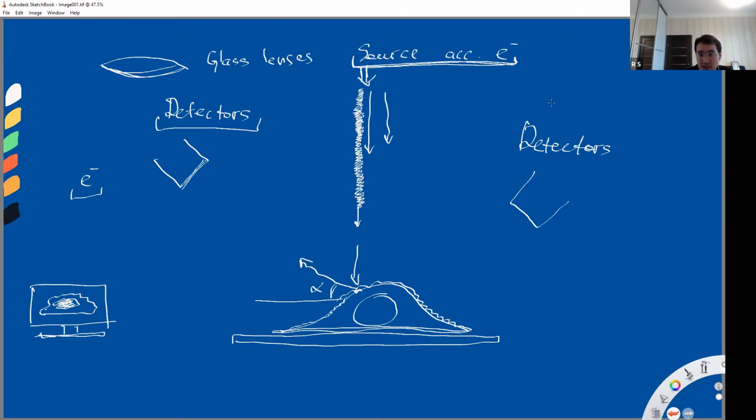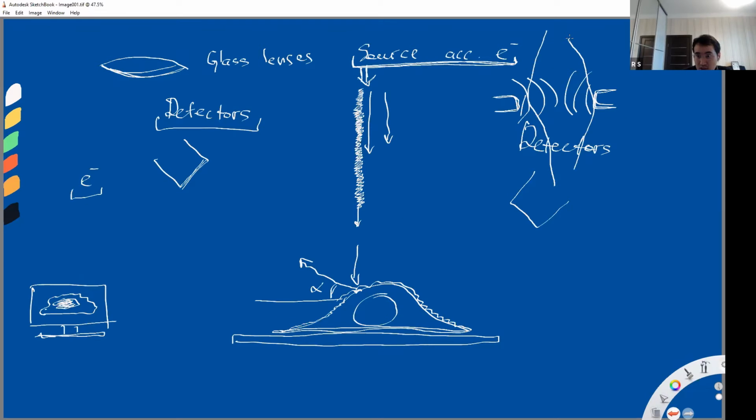And in electron microscopy, we use a curved magnetic field. So we have two sources of magnetic field. And passing through this magnetic field, these electron beams are being bent.